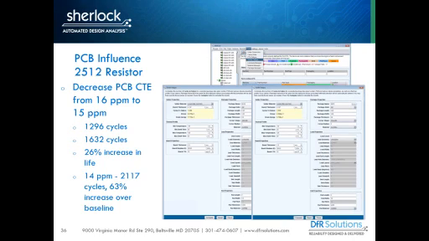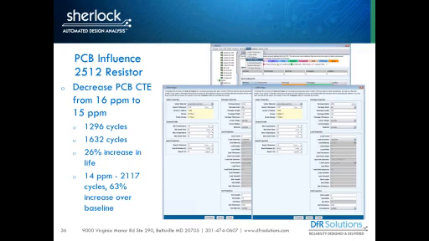So if I need to use a 2512 resistor in my design, I have to look at other things. I have to look at increasing the bond pad dimensions. I have to look at going to a more expensive laminate. It may just be easy enough to say, let's just put two 1206 resistors in that location to have the same power rating.